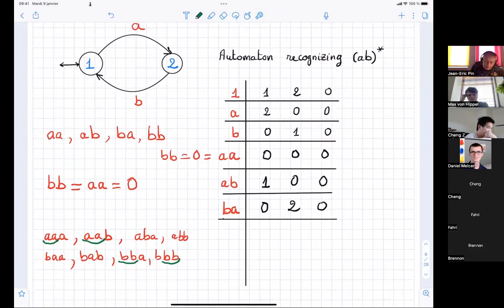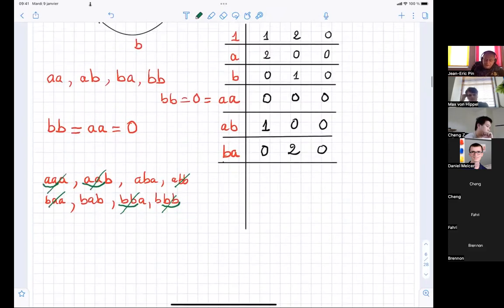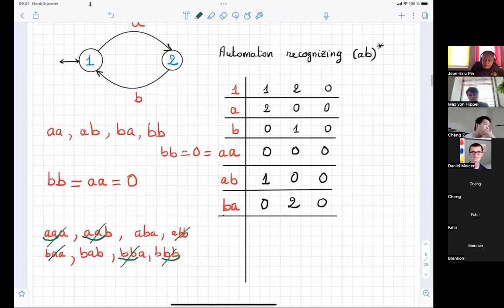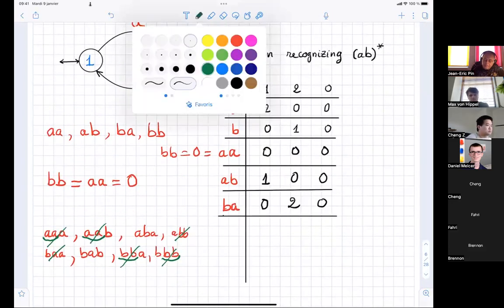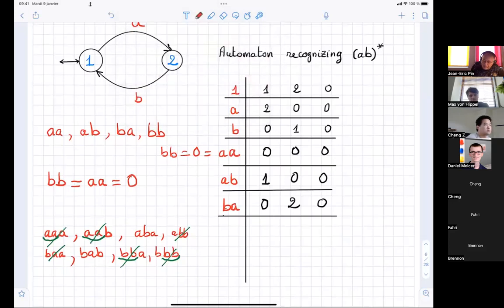So actually, I don't need to compute this, this, or this. I don't need to compute this either, because there is a B, nor this. So that's good news. I just have to compute ABA and BAB. Okay. So what is ABA?